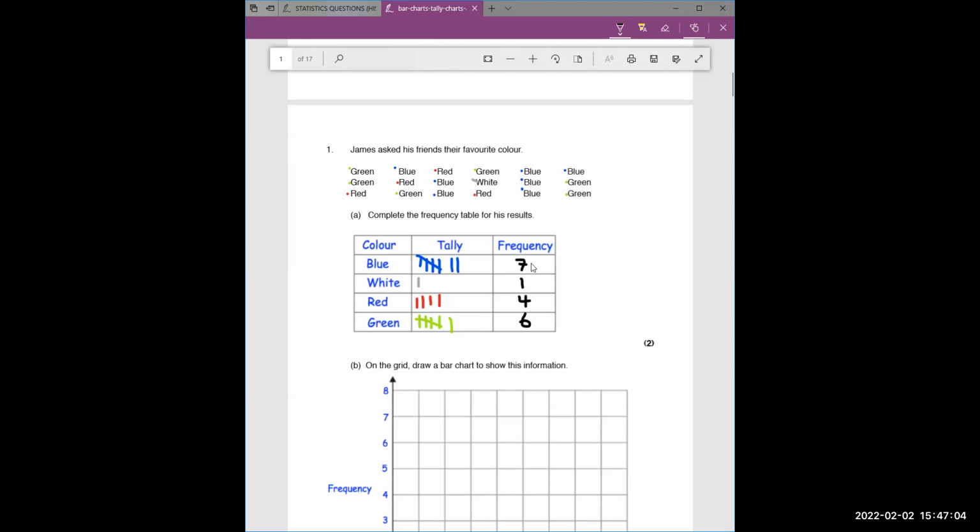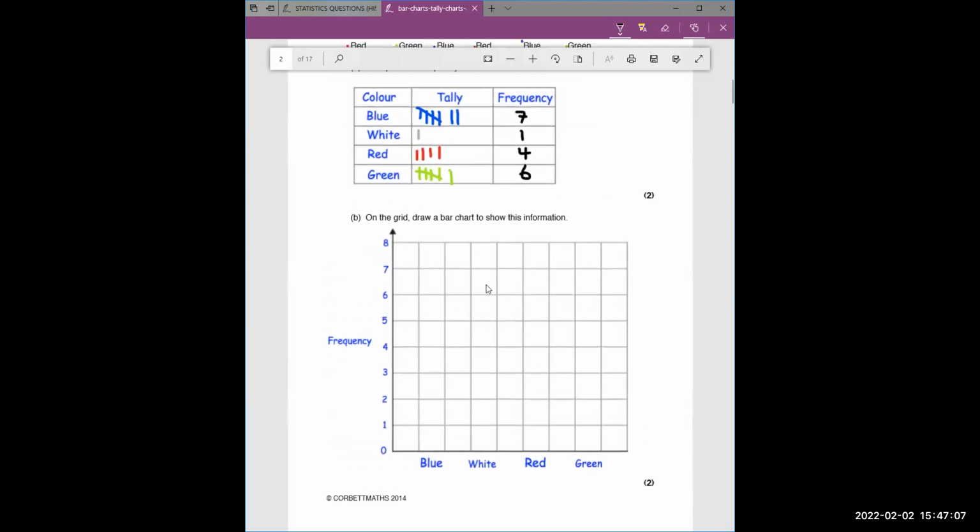All right, good. So now give a bar chart for that diagram there.